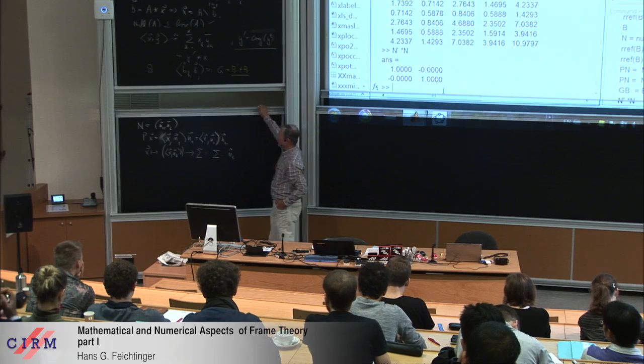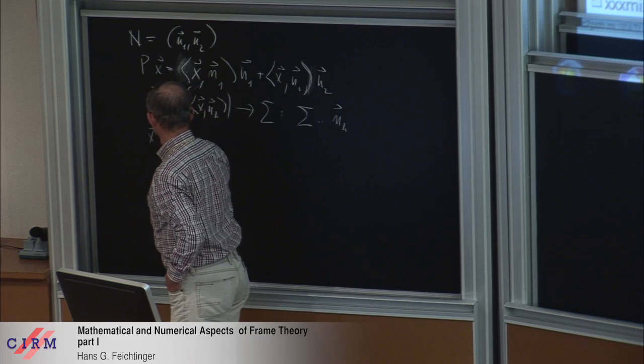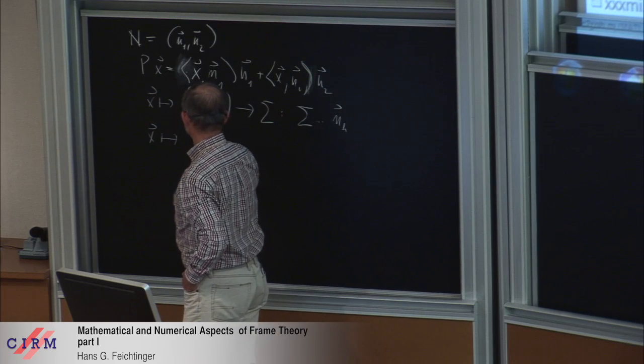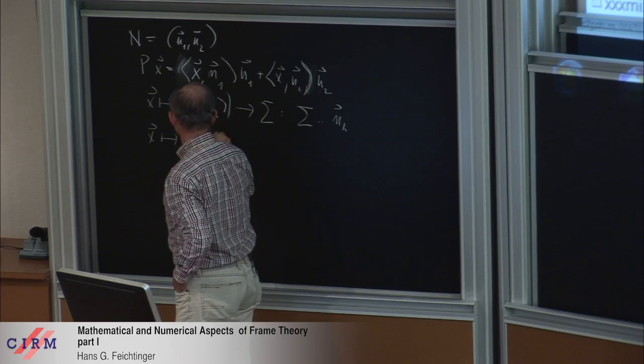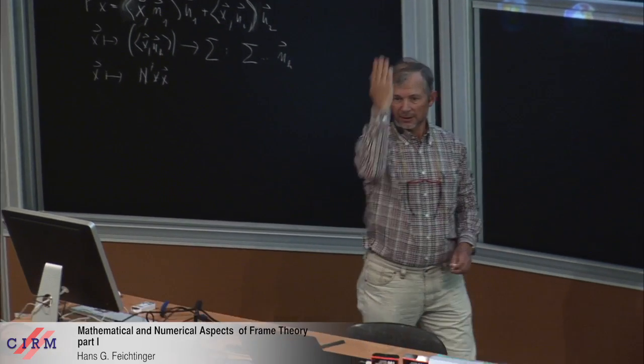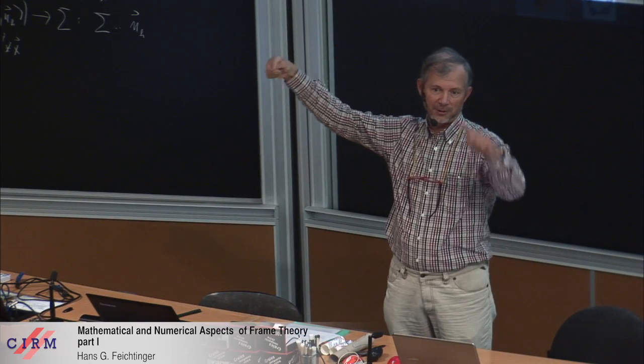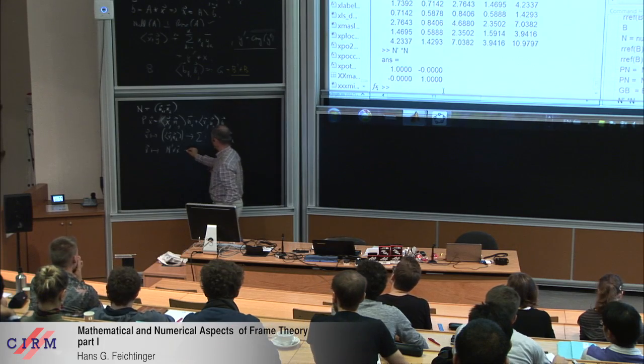So how can you do it in MATLAB stepwise? You would say, okay, x is a column vector in R5. It has to undergo multiplication with N star x. Remember, N are two column vectors. You take them into horizontal position, do matrix multiplication, you have exactly the coefficients. With these coefficients, you are doing synthesis.